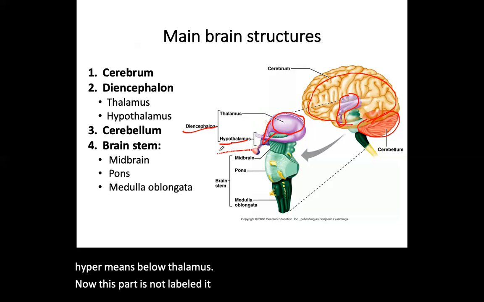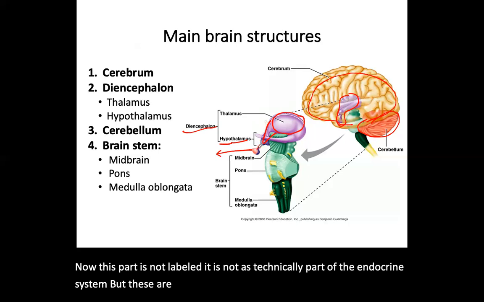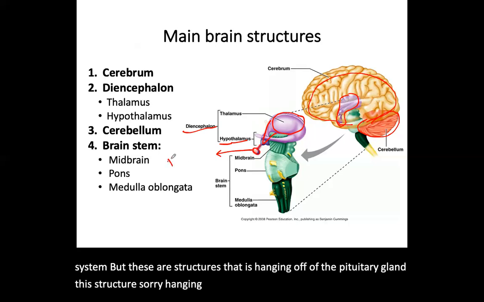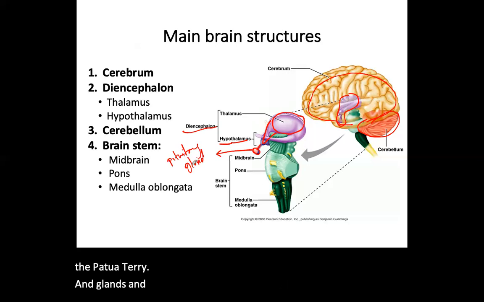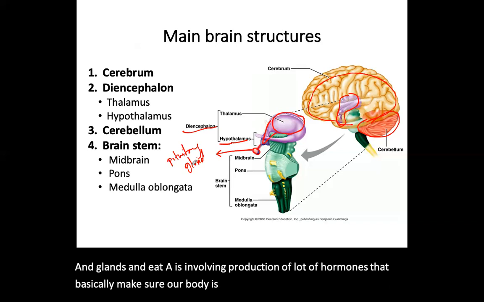It's technically part of the endocrine system, but it is a structure hanging off of the hypothalamus, called the pituitary gland, and it is involved in the production of a lot of hormones that make sure our body is running properly.